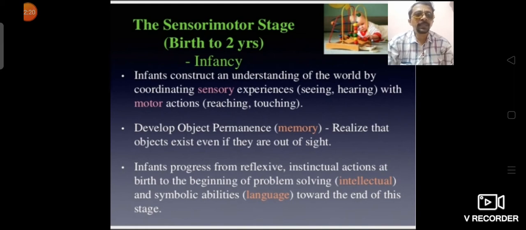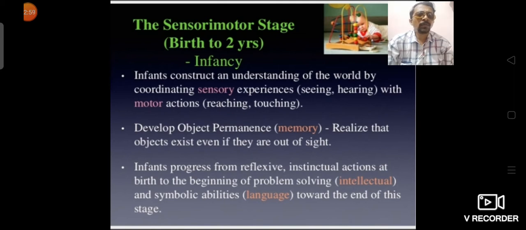Here basically Jean Piaget considered the aspect of cognitive or intellectual development. What are the general characteristics of this period? Infants construct an understanding of the world by coordinating sensory experiences like seeing, hearing, with motor actions, that is reaching, touching.